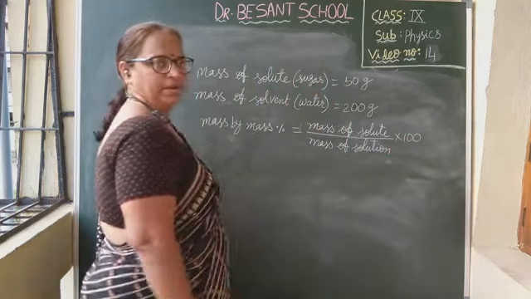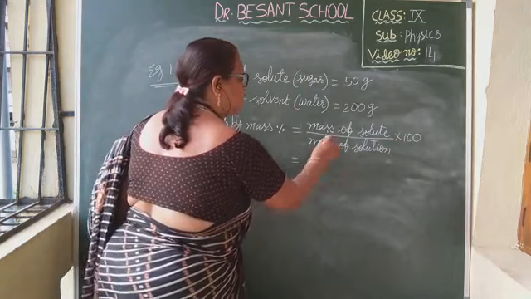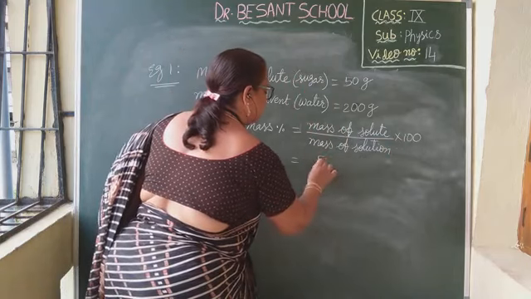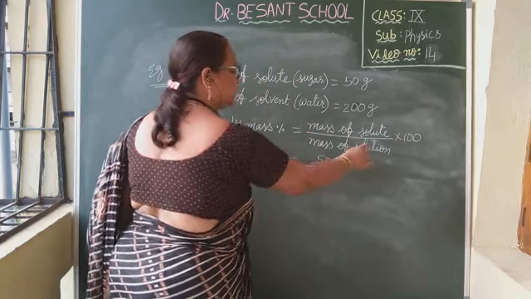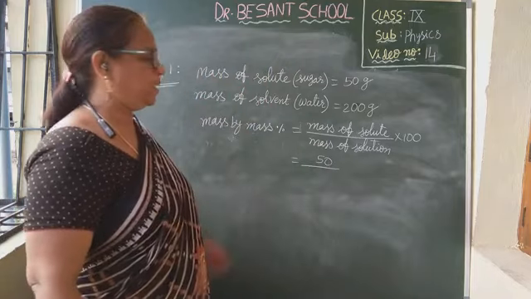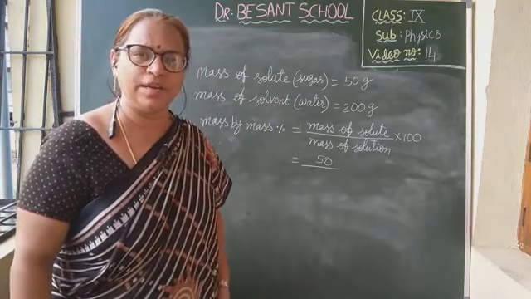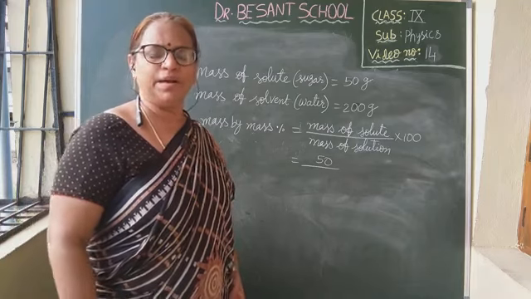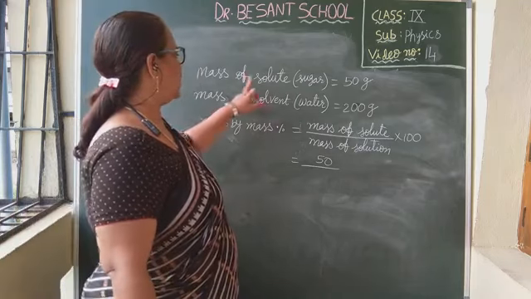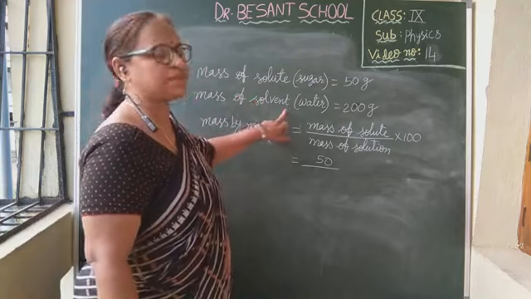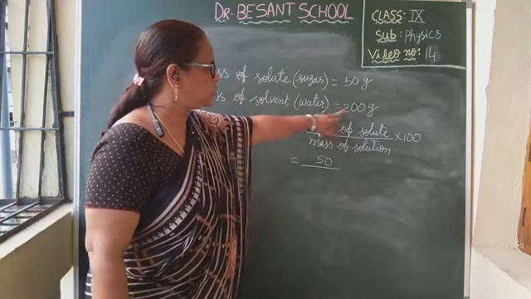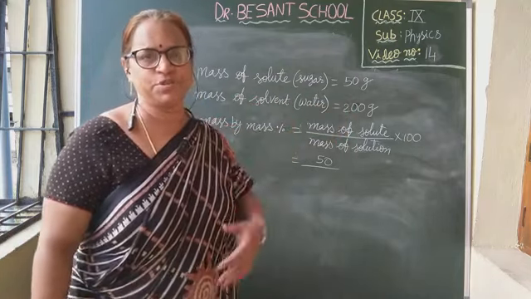This is the formula, right? Now mass of solute is given as how much? 50 by, now he asked for mass of solution, but here mass of solvent is given. How will you find mass of solution? Yes, mass of solution equals mass of solute plus mass of solvent. By adding these two masses, we will get mass of solution.